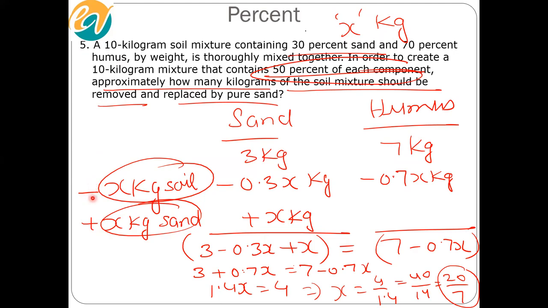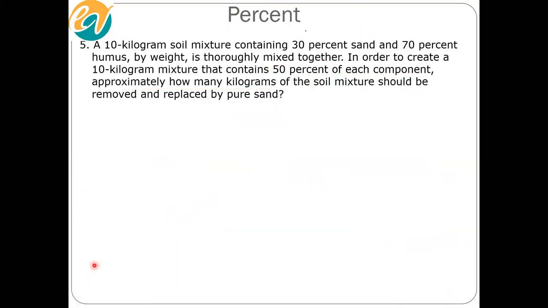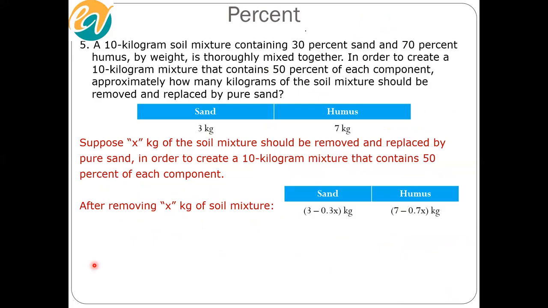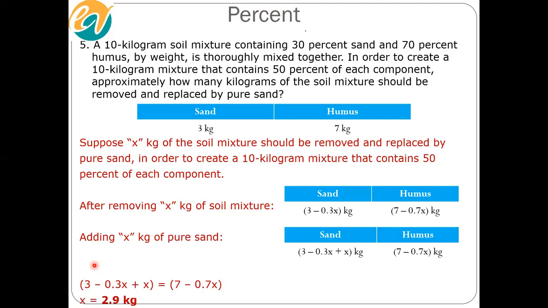The only thing that was important here is to realize that when x kgs of soil is removed from this mixture, then 30% of x will be the sand removed, and 70% of x will be the humus removed, because in the original mixture, sand and humus were present in 30% and 70% respectively. So 2.9 kgs is the final answer.